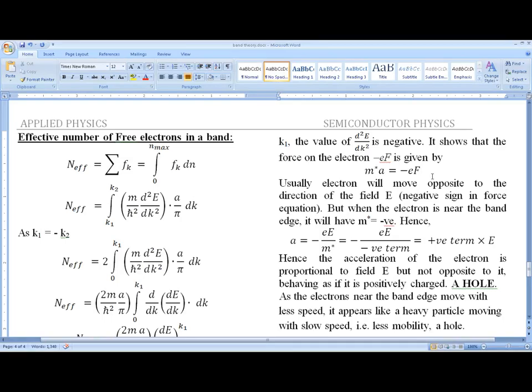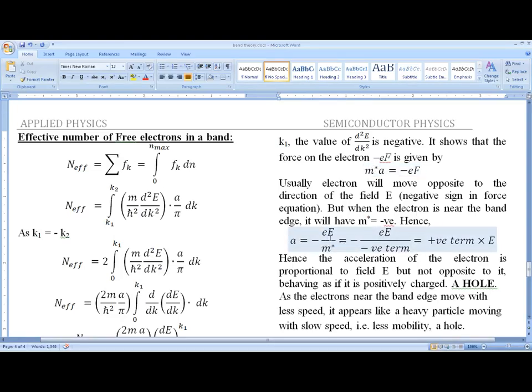If electron is just behaving like electron, this m star would be positive, and hence the acceleration of the electron will be just opposite to that of this F. So if a is in one direction, F will be exactly opposite to that. So acceleration of the electron and the electric field are opposite. That is quite normal. But if this m star suddenly becomes negative, then what happens? We'll see here.